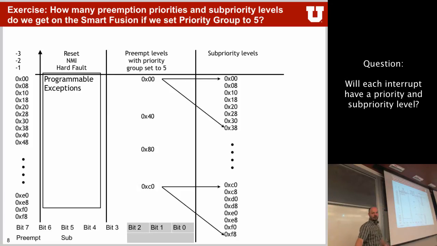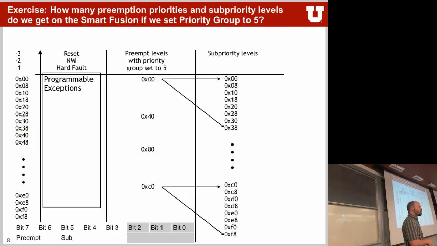Yes? So each interrupt will have a preempt level and a sub-priority level? Well, what happens is you set it to a priority, for example, to 38. And by having priority 38, it will belong to priority group 0.